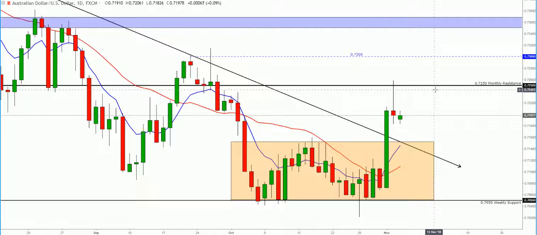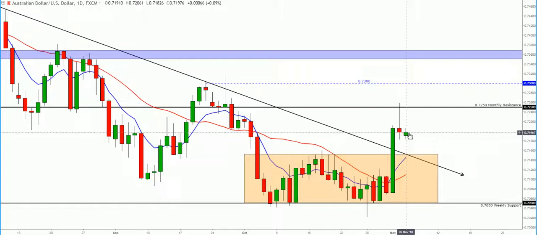The rate's largely expected to stay the same at 1.5%, has been for a number of months now. So it'll be looking towards the Royal Bank of Australia's rate statement, where they talk about future provisions for the economy.